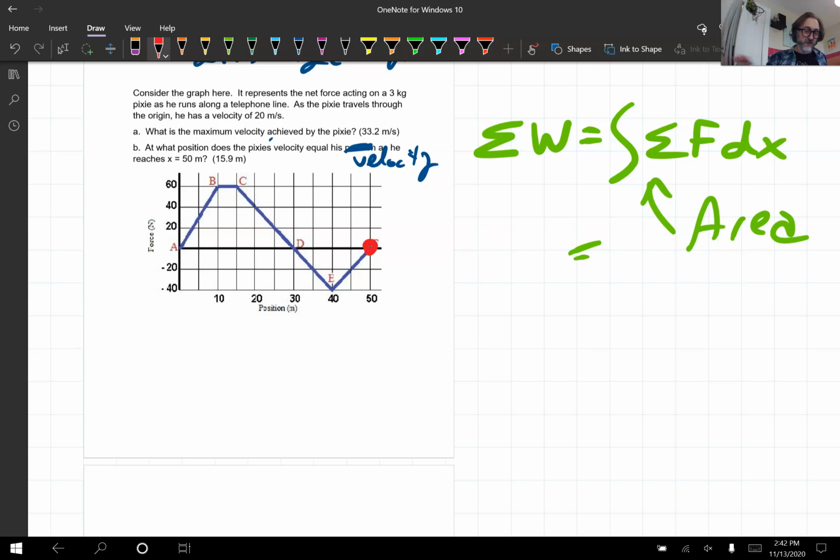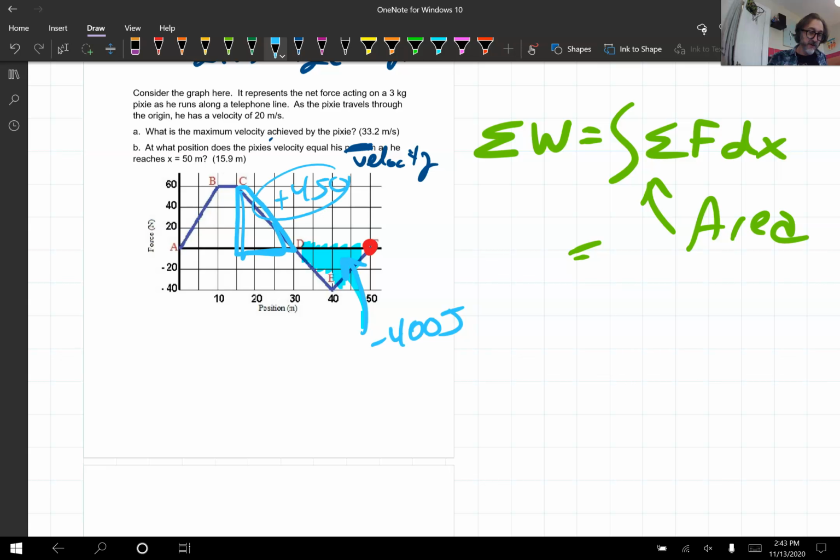Okay. So what I know is here, he lost 400 joules, right? That was the area we found before. So if he lost 400 joules of kinetic energy there, then we got to figure out how far back do I have to go here to have positive 400 joules. Okay? And notice this whole triangle here, remember this whole triangle was positive 450.